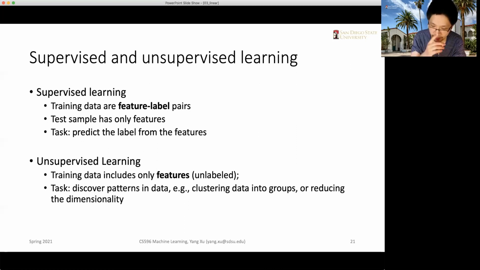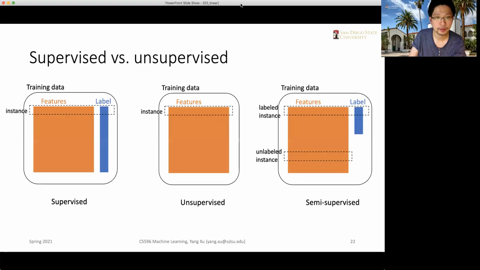So these are two very different types of machine learning problems, but I think it's also easy to distinguish them, okay? So in the next slide, we would have these 3, actually our primary focus is on the first 2 types, supervised.